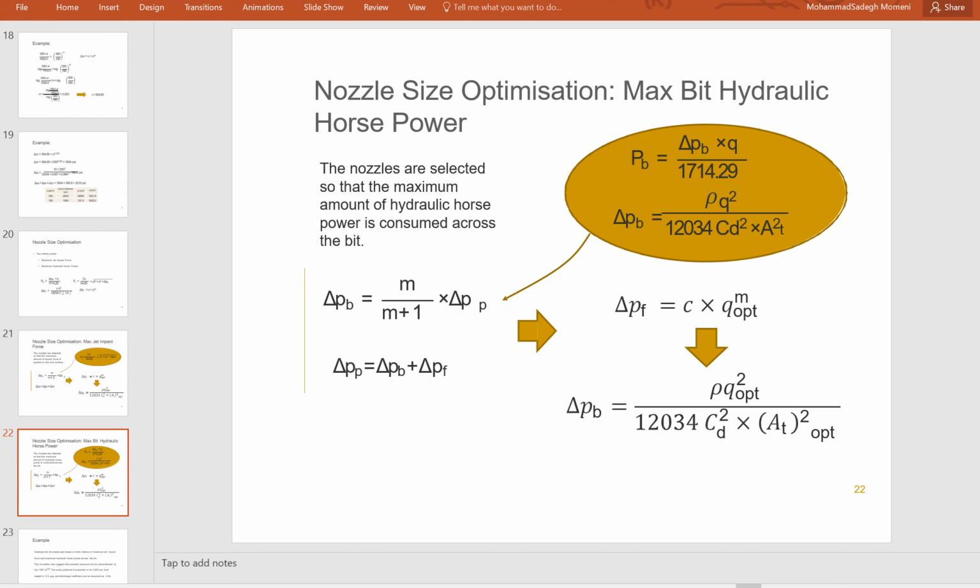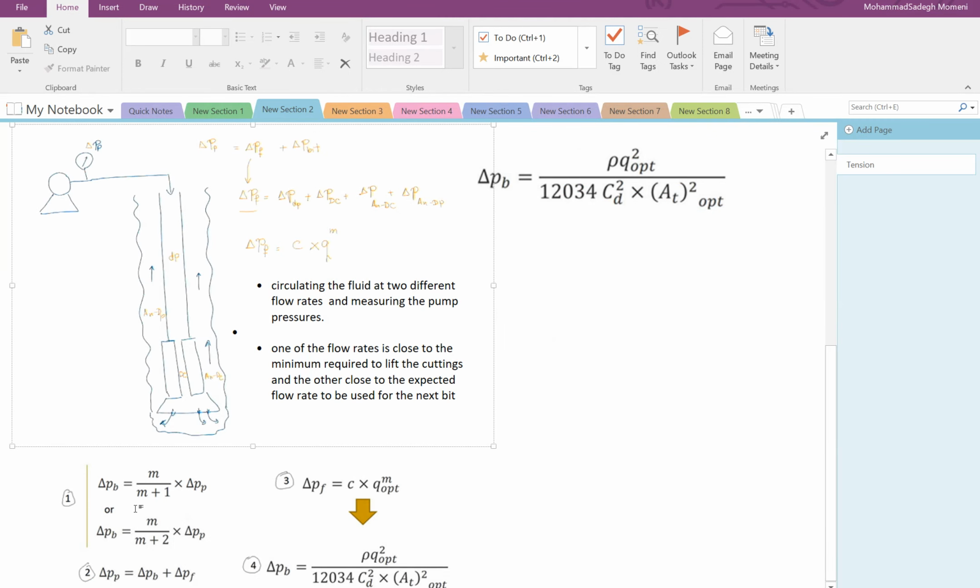So let's go back here, then I can explain the procedure to find the nozzle size. The first step is to decide which equation I want to use, the first equation over here or the second one, based on the method that we want to use. After that, because in the question the pump pressure will be given, we have to find the bit pressure drop using this equation or this equation.